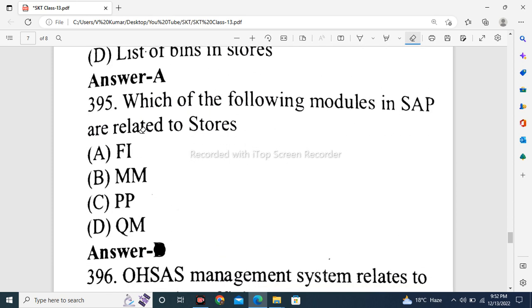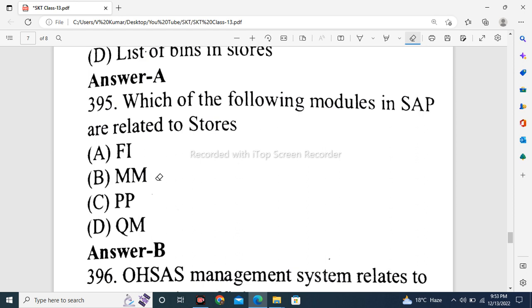नेक्स्ट है which of the following models in SAP are related to stores? A. FI, B. MM, C. PP, D. QM. सही आंसर है B MM. Which of the following models in SAP are related to stores?